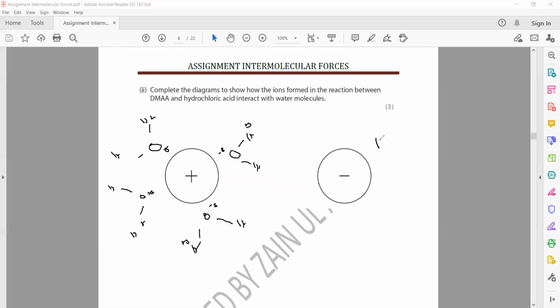And for the negative ion, the hydrogens are attracted towards it because they are partial positive in the water structure.